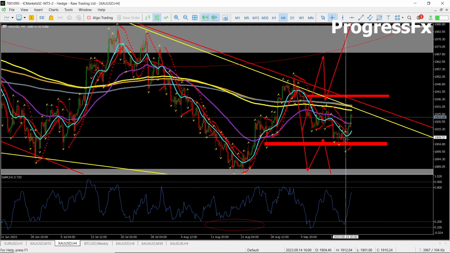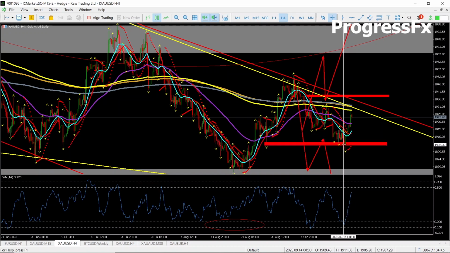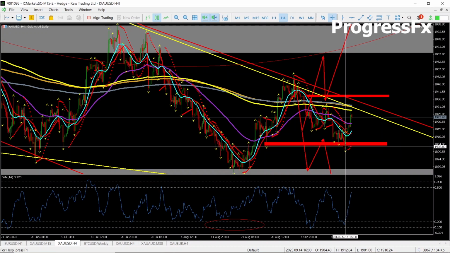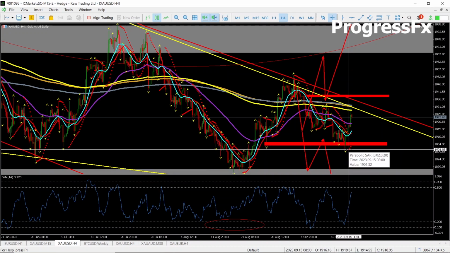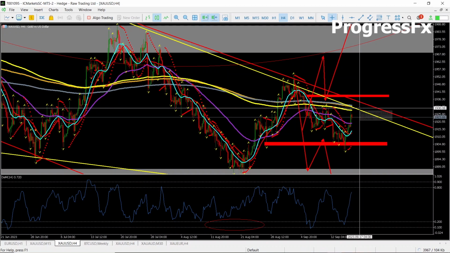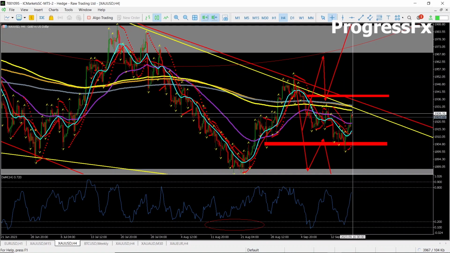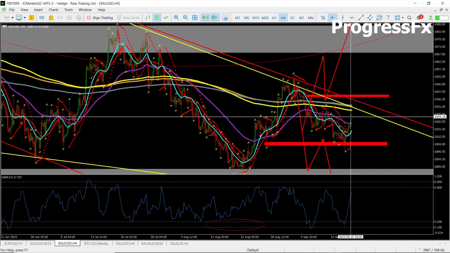But in this case, you can see that the price tested 1904, of course broke below it down to 1901, and then pulled back up to 1930. So you can see where the price closed last week.